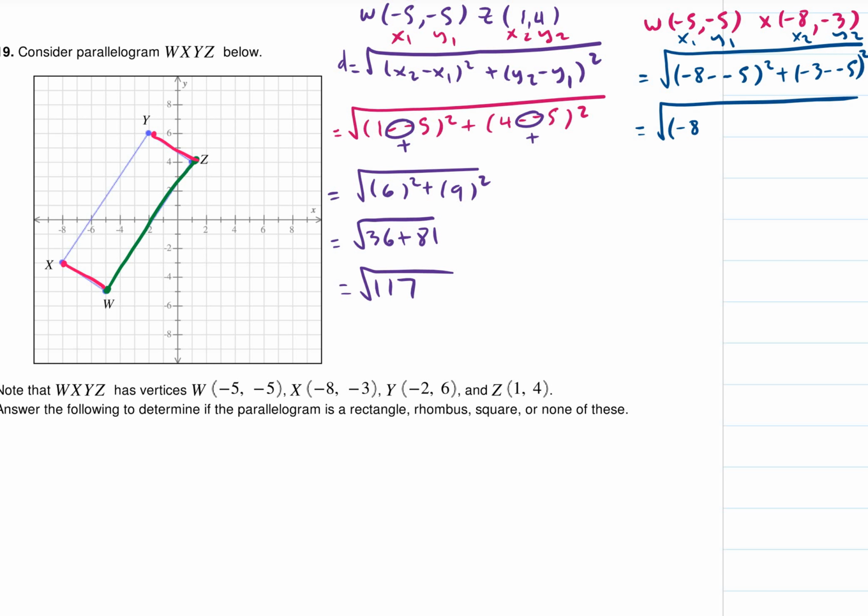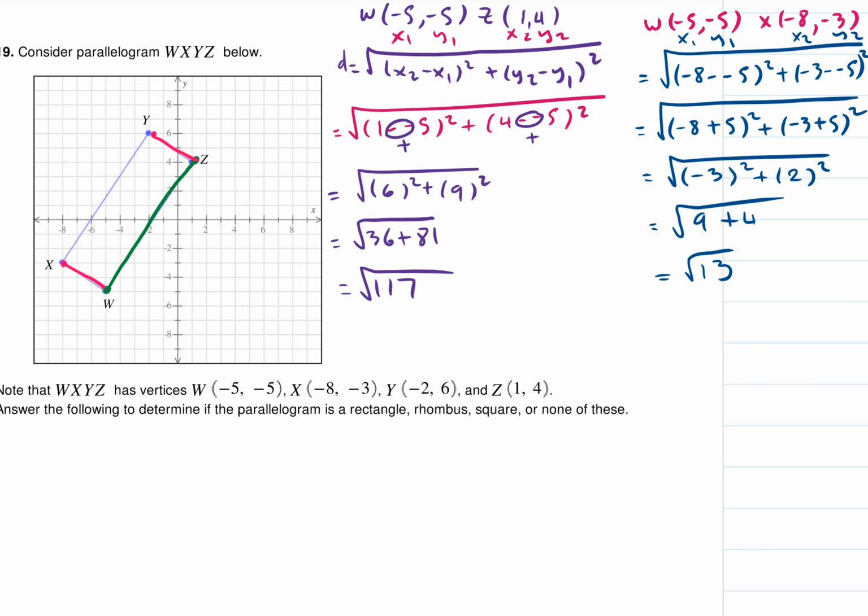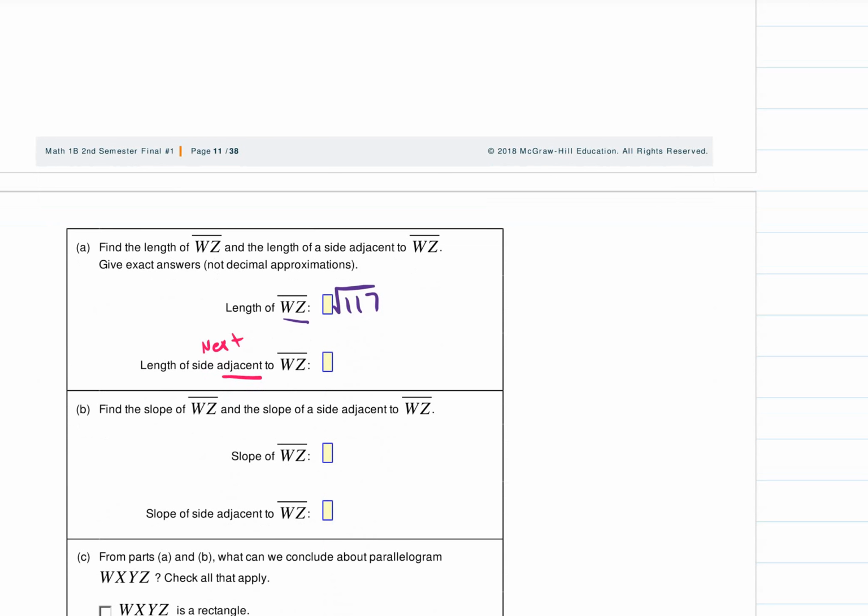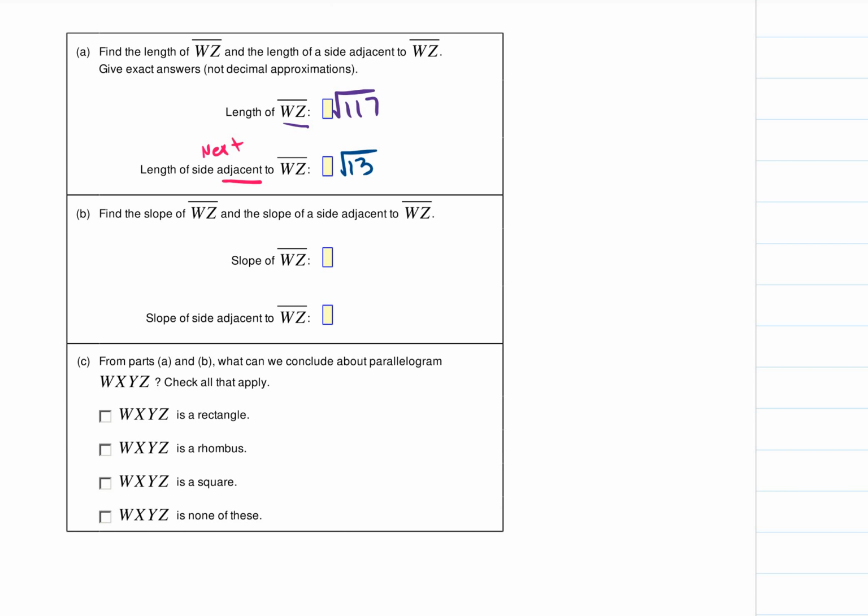That will be -8 plus 5 squared plus -3 plus 5 squared. -8 plus 5 is -3 squared, and -3 plus 5 is 2 squared. That gives me 9 plus 4, the square root of 13. So WX is the square root of 13. So far, this parallelogram doesn't have congruent sides. Two sides next to each other are not equal, so we can cross out the rhombus and the square because they both require all four sides to be congruent. It can be a rectangle or none of these.